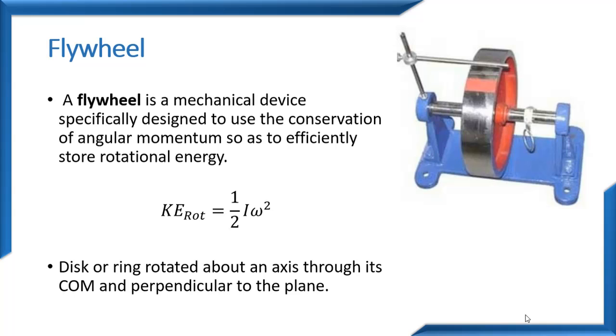This property of a rotating body is efficiently used in designing a flywheel. A flywheel is designed such that due to the property of conservation of angular momentum, it can efficiently store the rotational kinetic energy, which is given by half I omega square.